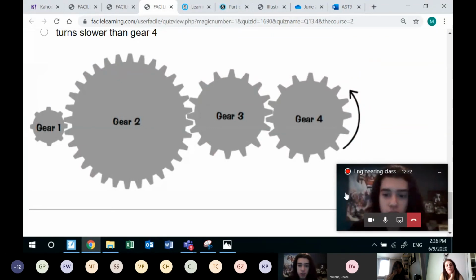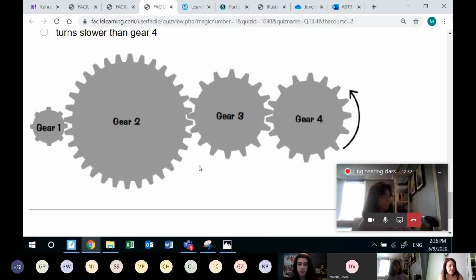You see the gears? No, I still see me, and I'm frozen. Dana, do you see the screen? Yeah, I see it. Okay. Peter, maybe you want to rejoin. Do you see it? Oh yeah, now I see it. Okay.